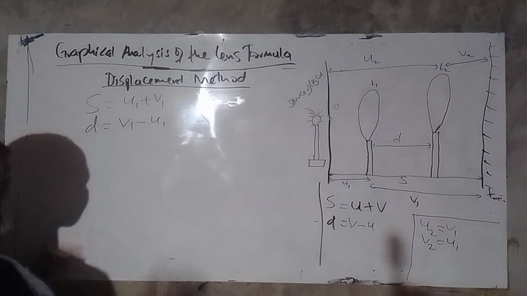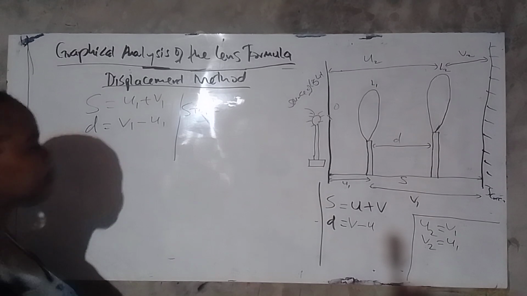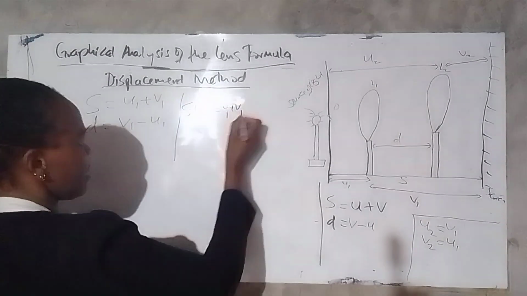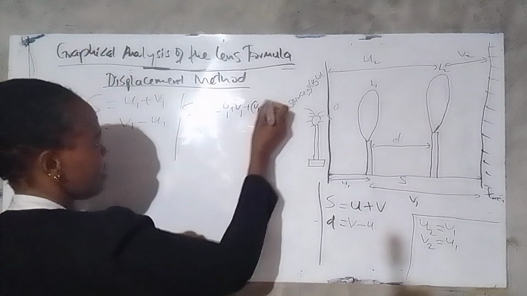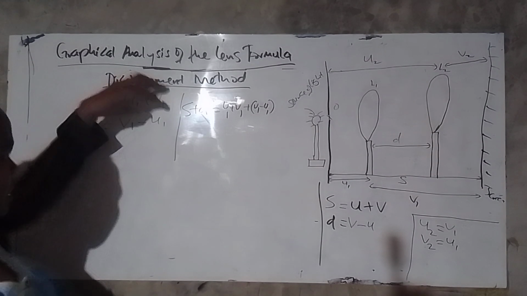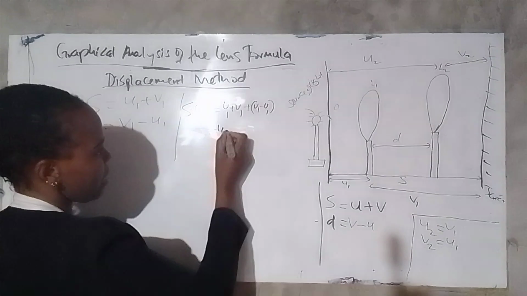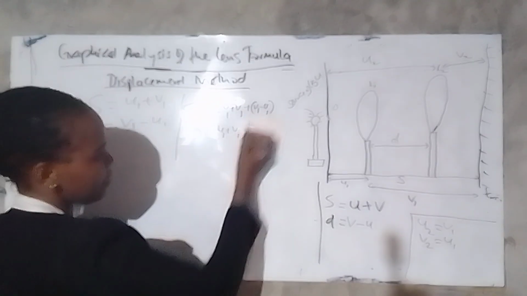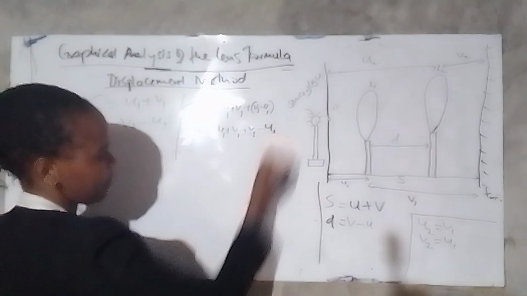Let's add S plus D. I'm just taking S and adding it to D. So S plus D is U1 plus V1, open the brackets, plus V1 minus U1.